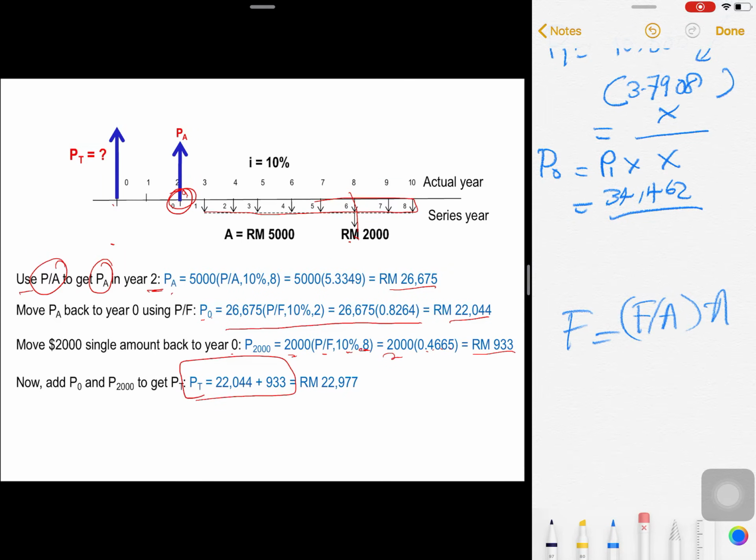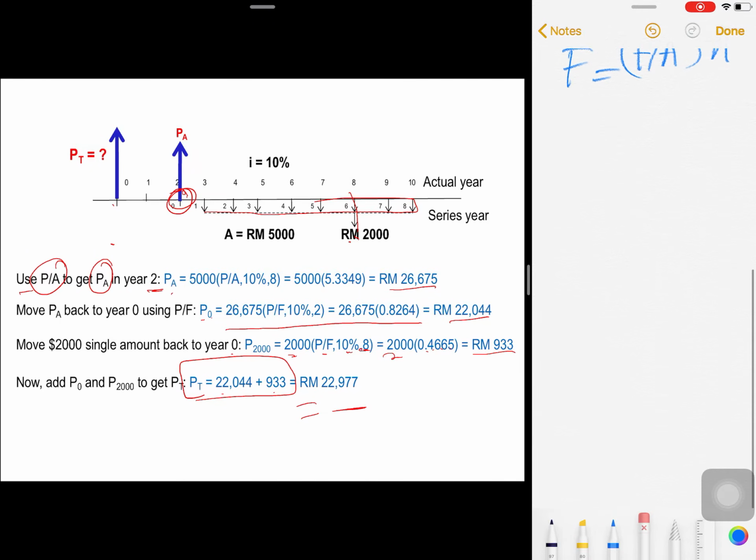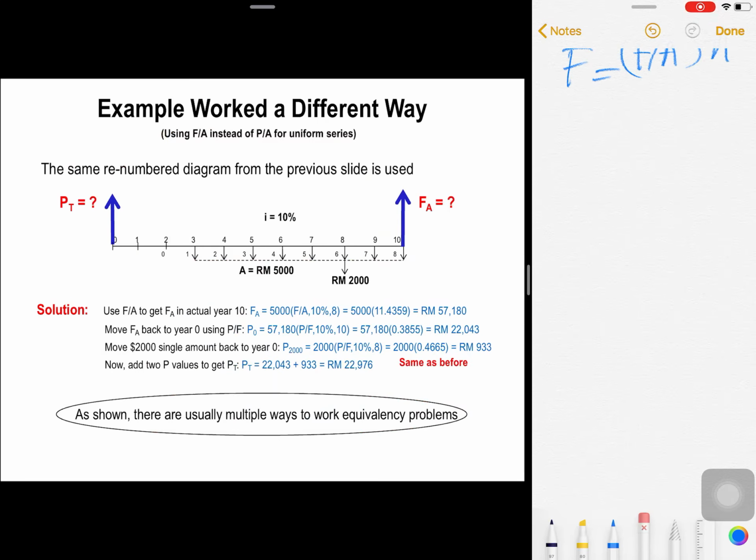Hence, you summarize everything, you just add up both values and you get this. Okay, easy peasy, lemon squeezy.